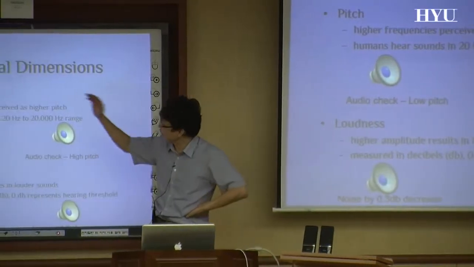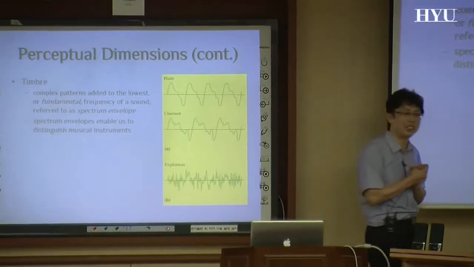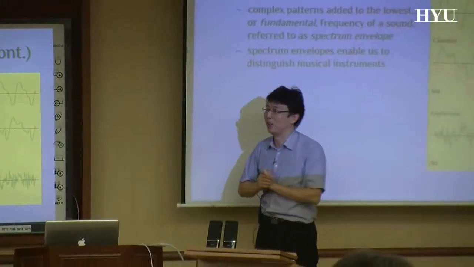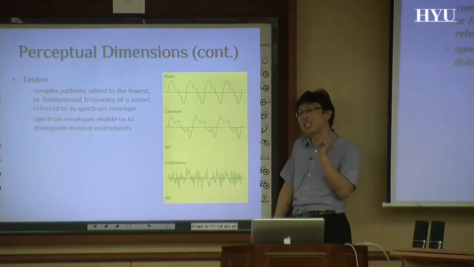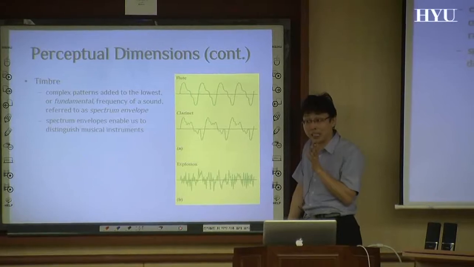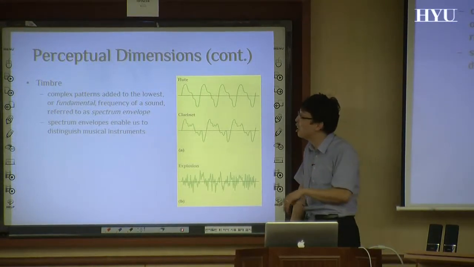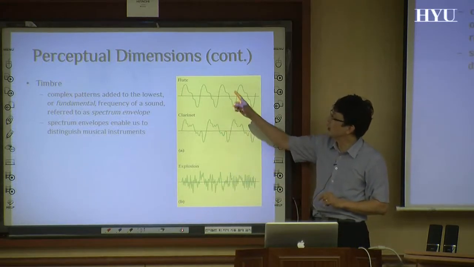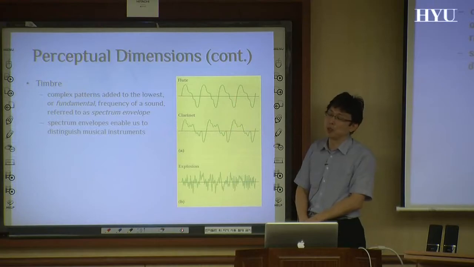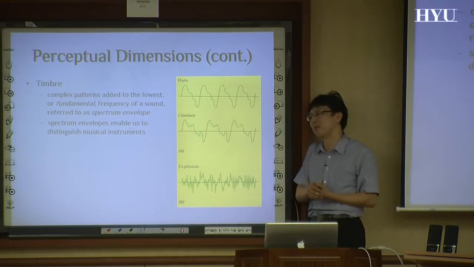That is about pitch and loudness, and the most interesting part is timbre. It's a really interesting thing. It's the same pitch and same loudness. We can make it with a synthesizer or any instrument. But the interesting part of the human ear is that we can differentiate between instrument sounds even though they have the same pitch and same loudness.